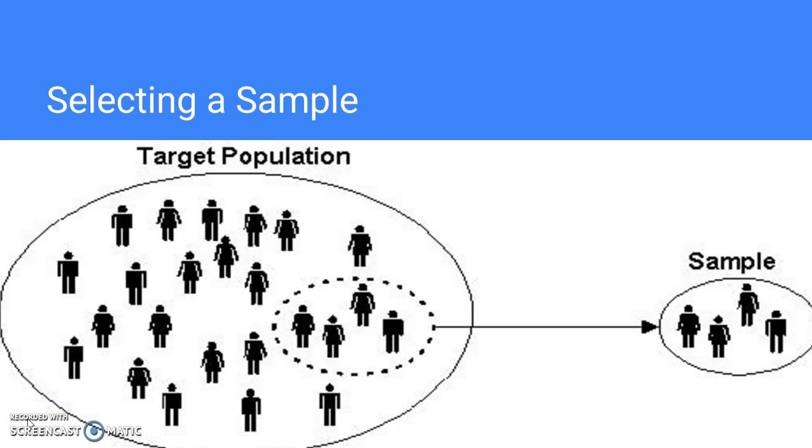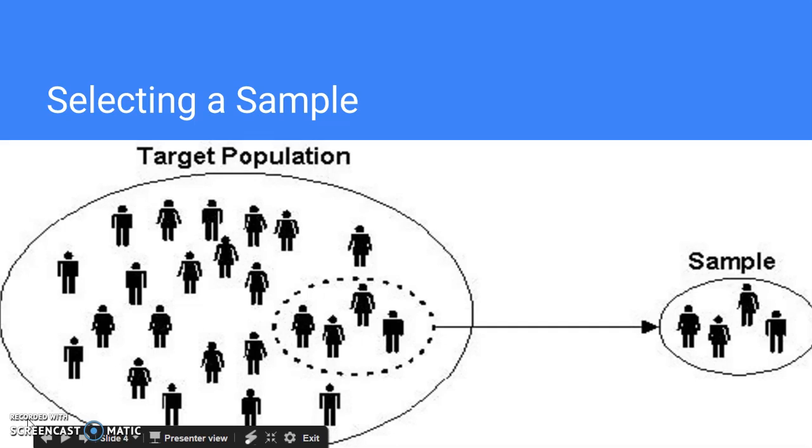For example, if I wanted to run some kind of experiment on McKinley students, I would make sure I had a large enough number of students from each grade so that I could then, from my experiment, generalize my results to the entire McKinley student body.